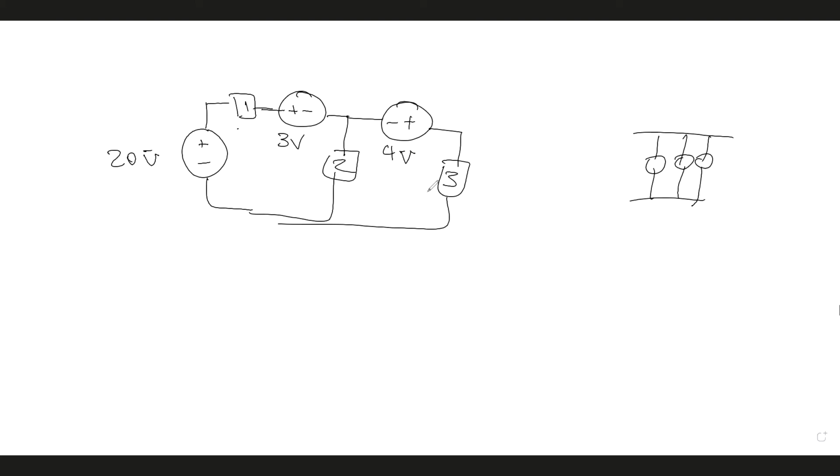No. They're totally unrelated. There are no 2 parallel elements in the circuit. Even 2 and 3 are not in parallel, because they are apart by a 4 volt source inserted in the middle. So even 2 and 3 are not at the same level. There is no parallel element here.